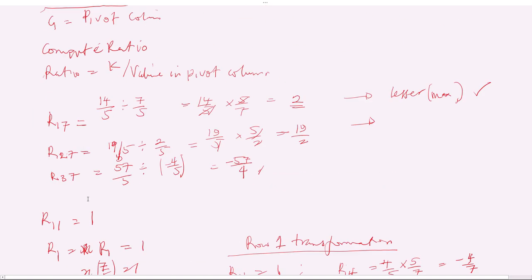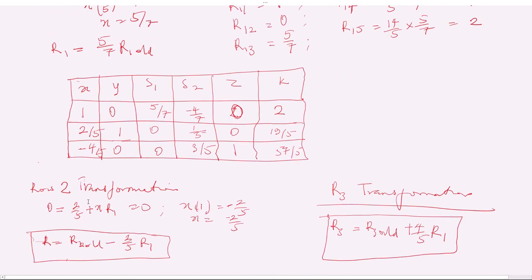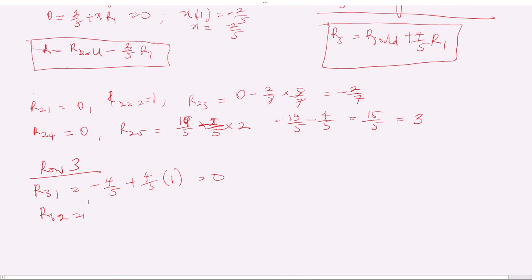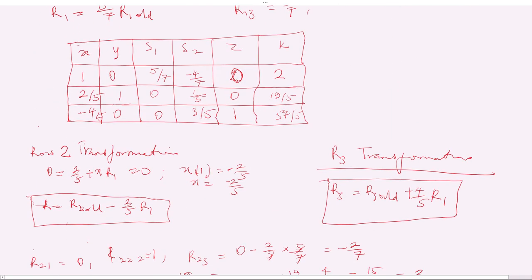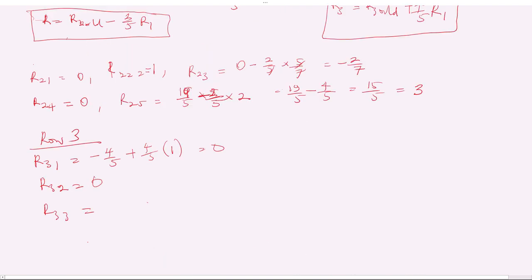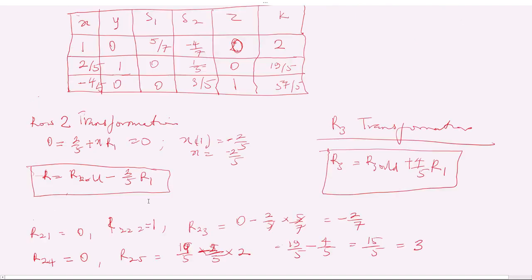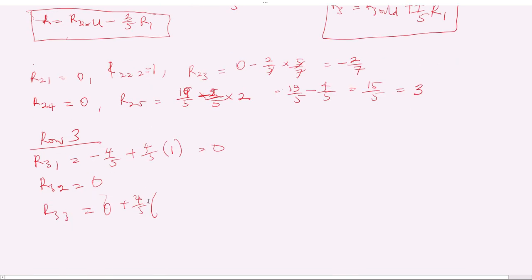R32 we have to check; R32 equals 0 by default. We don't need to do any calculation on that. R33 equals 0 plus 4 over 5 into bracket the value of R13, which is 5 over 7. So this is 4 over 7.